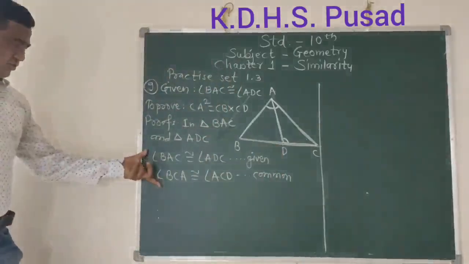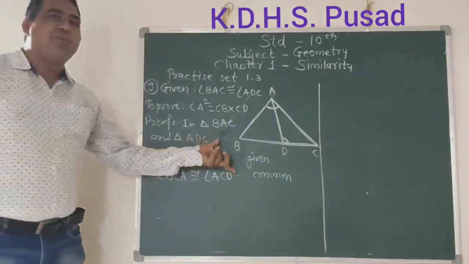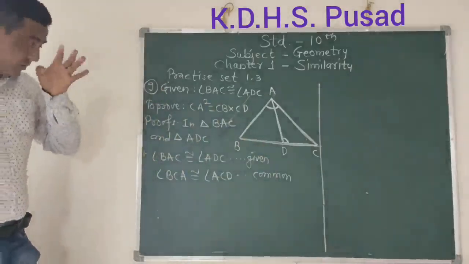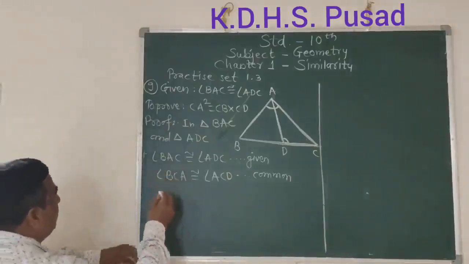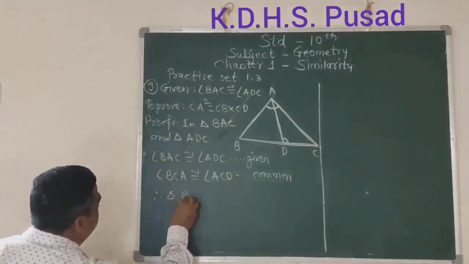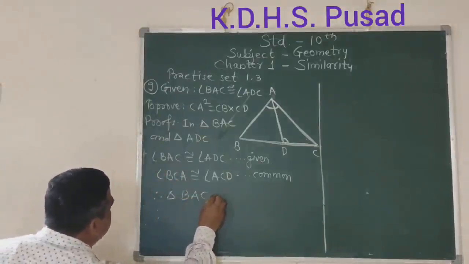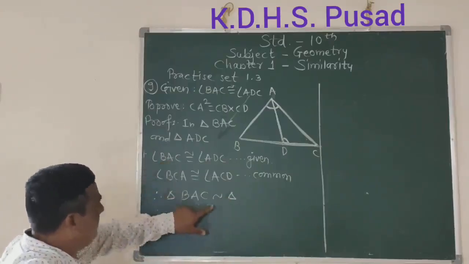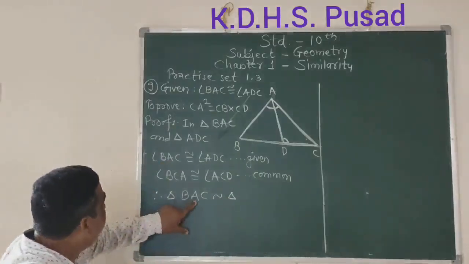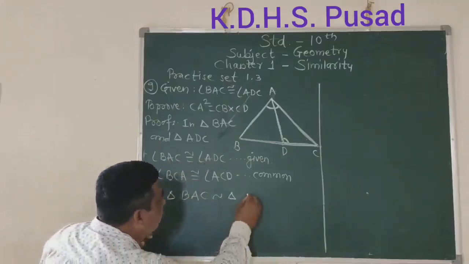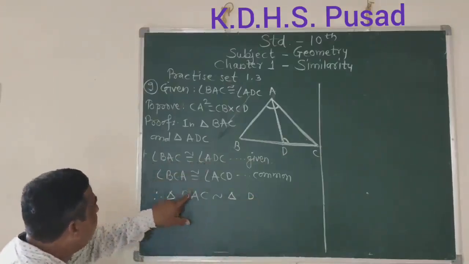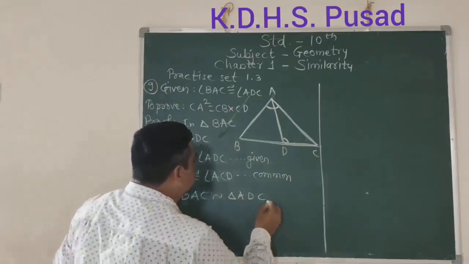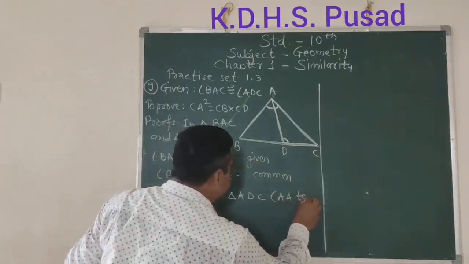As two angles of this triangle are congruent with corresponding two angles of another triangle, the two triangles are similar by AA test. Okay, so here mention their correspondence. Therefore, triangle BAC similar to triangle. Now check proper correspondence. For angle B, we don't have an option. So angle A matches with D, so your second letter will be D. Then for angle C, the third letter will be C. So BAC similar to ADC by AA test.